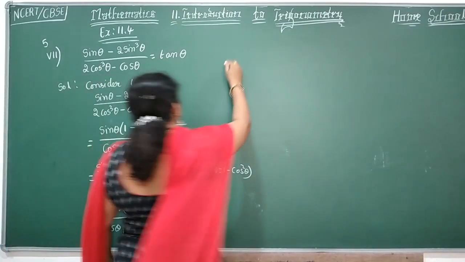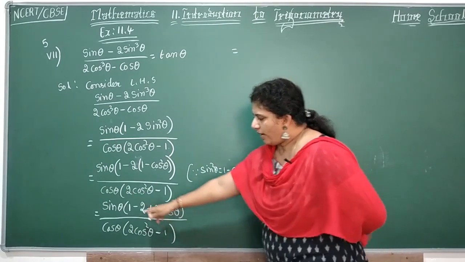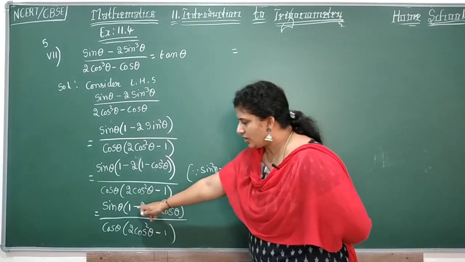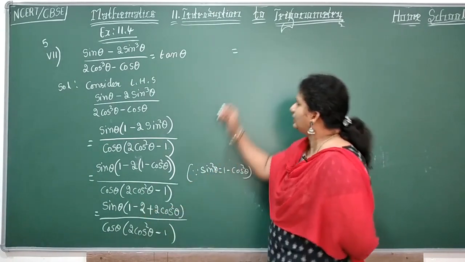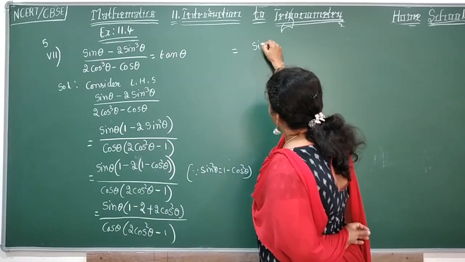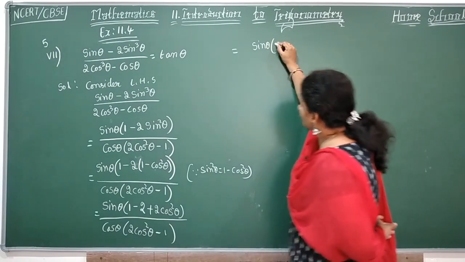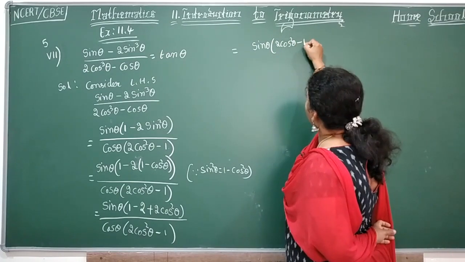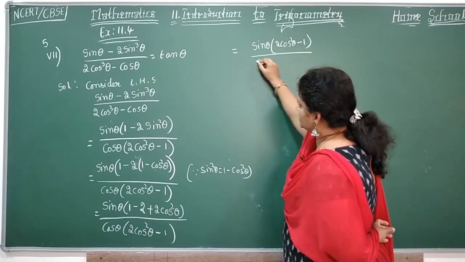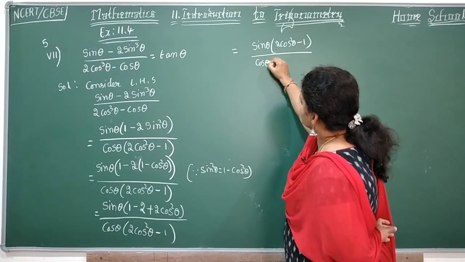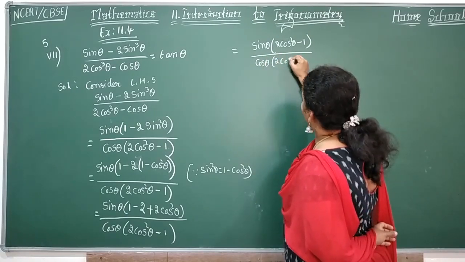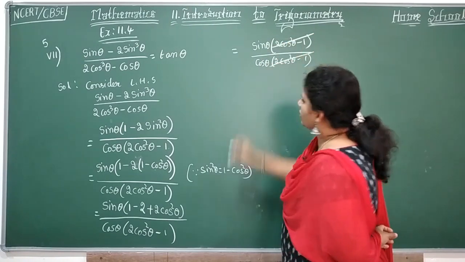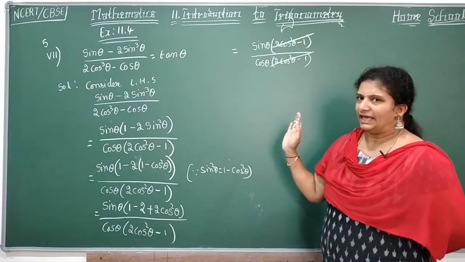Now look here carefully. 1 minus 2 is how much? It is minus 1. So sin theta into 2 cos square theta minus 1, by cos theta into 2 cos square theta minus 1. The 2 cos square theta minus 1 will be cancelled.